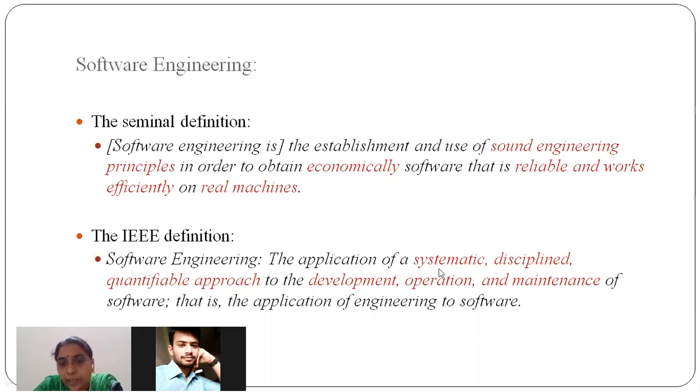So you are developing your software in a systematic, structured, disciplined way, with a fixed or repeatable plan. Quantifiable means you should finally be able to measure whether the product is of quality, not just that it meets the solution. The solution should be the best one, right? You perform all this to develop, operate, and maintain the software. So this is the definition of software engineering.